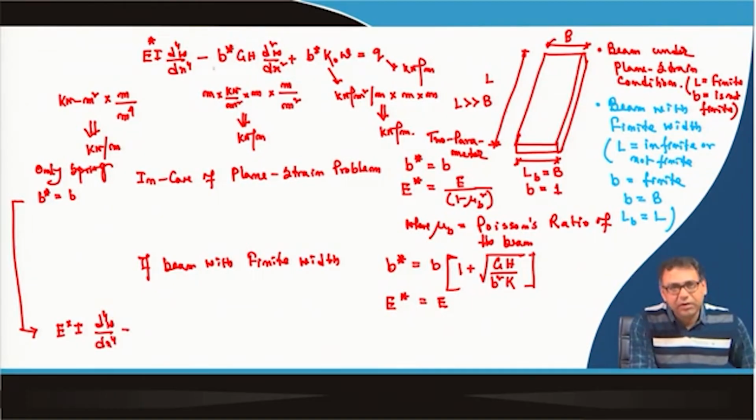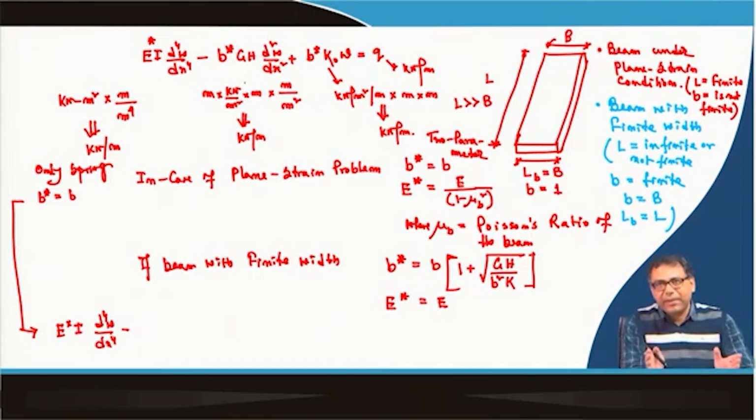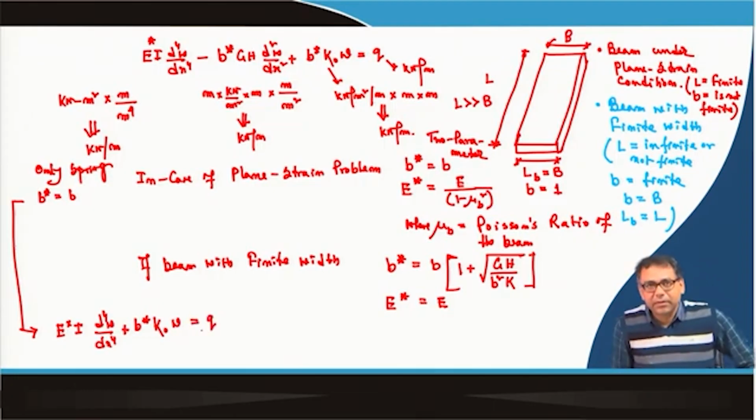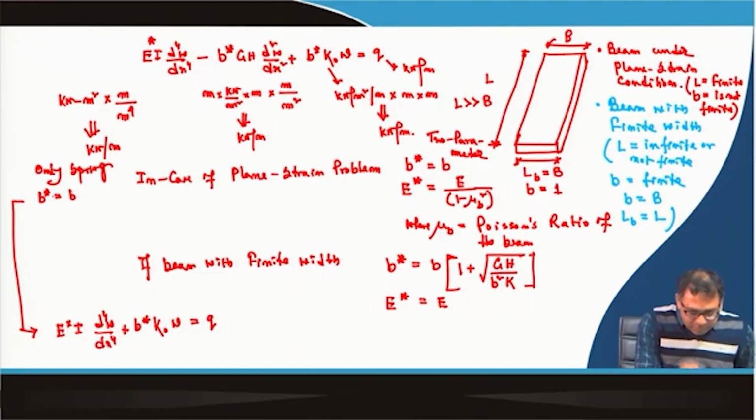This part will not exist because it is 1 parameter model. So, this will be plus B star k 0 w, that is equal to q. Okay. So, now if it is only spring under plane strain condition, B dash will be equal to B, okay, and E dash will be same as E divided by 1 minus mu B square.